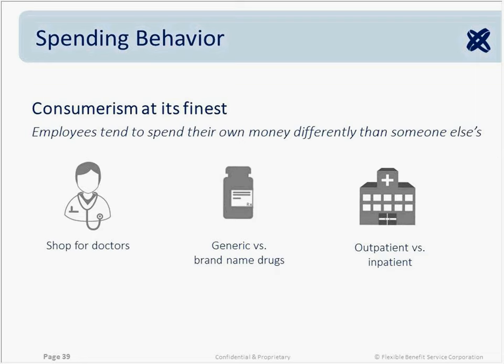So people become smarter shoppers as time goes on because they are essentially self-insuring until their deductible has been met, and that HSA money is their own money. So in essence, as you become a smarter consumer, it results in a lower level of cost for everyone, both the employee and the employer, in terms of their utilization and their renewal rates.